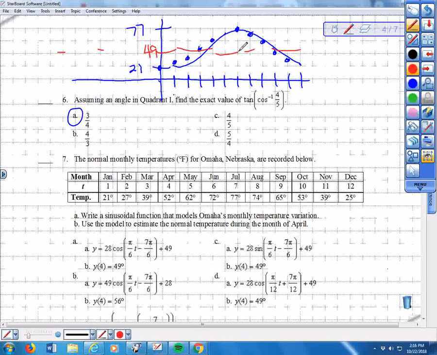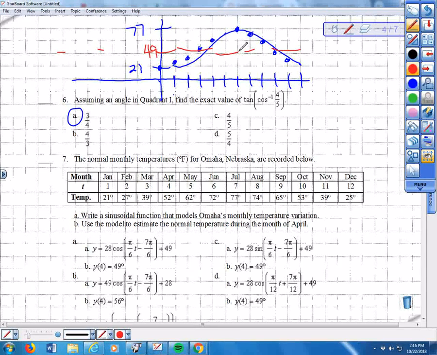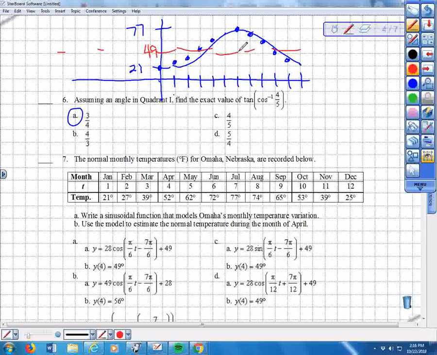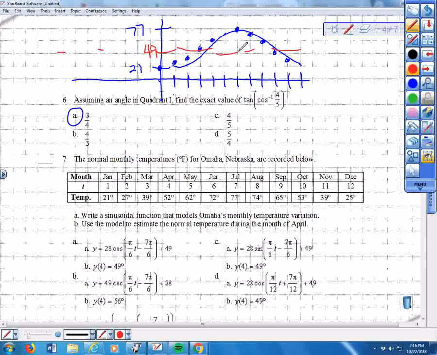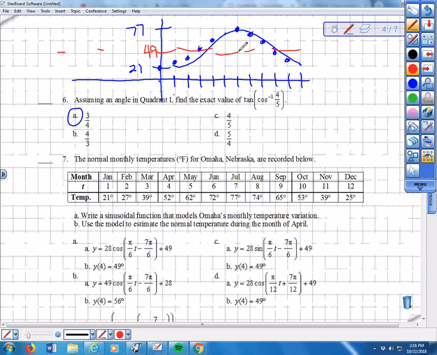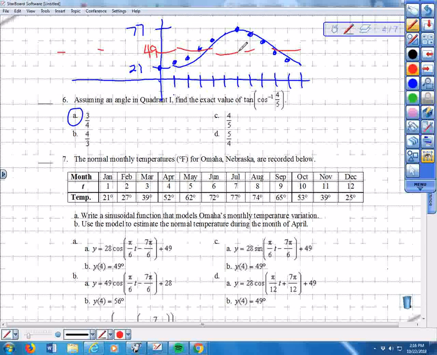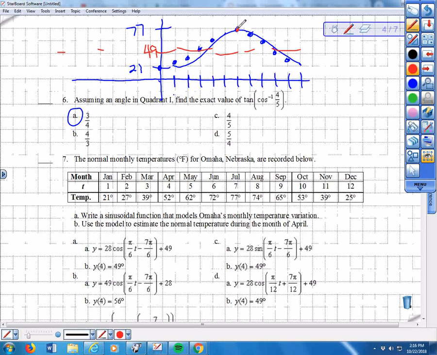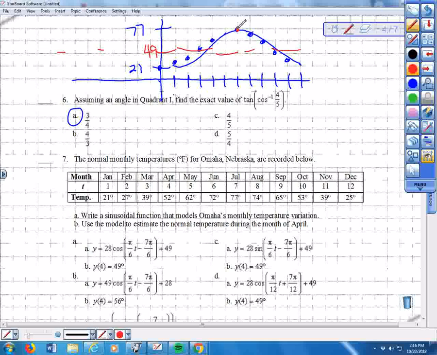If it starts below and goes up, it's going to be negative cosine. The problem is there was not a negative cosine answer, so there has to be a phase shift in your answer. We're going to use cosine, but we want the graph to start right here at that point and then shift over. You know what I'm saying?